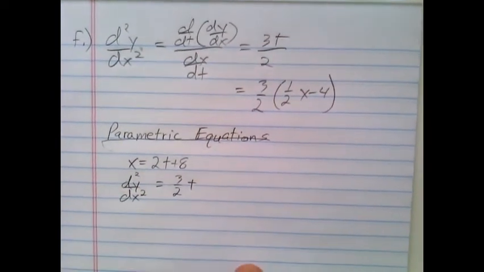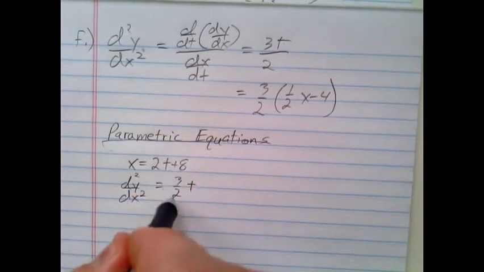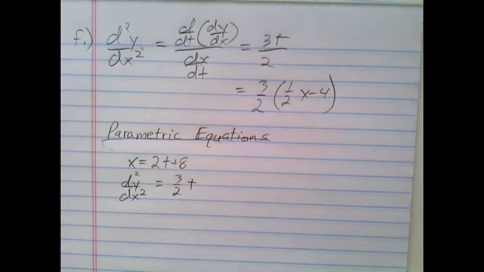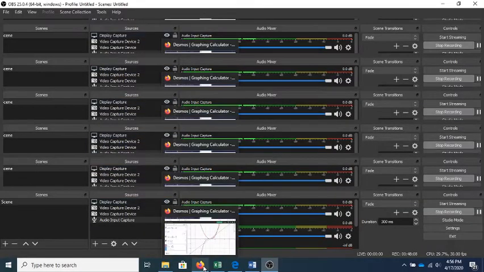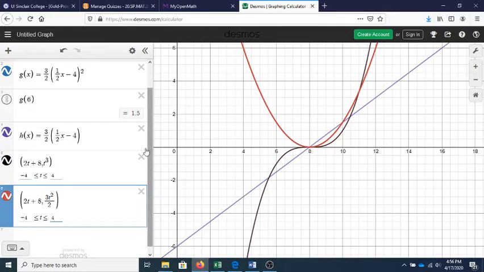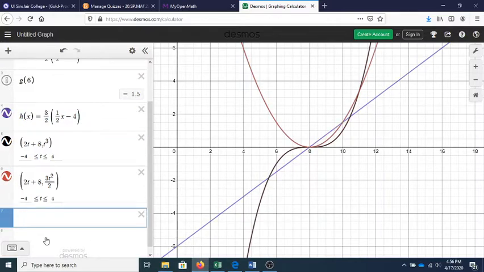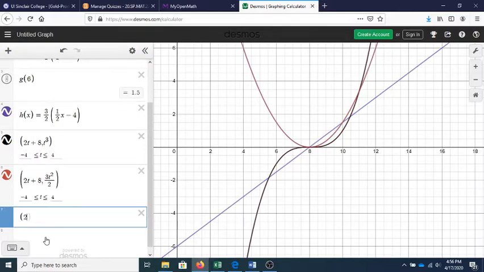Alright. So when I plug this into Desmos, this should cover up the graph of the second derivative from before. So let me see, what was that? Here was my second derivative. It was this h. It was this purple line. So when I enter in my parameterization for the second derivative, it should cover up that purple line.